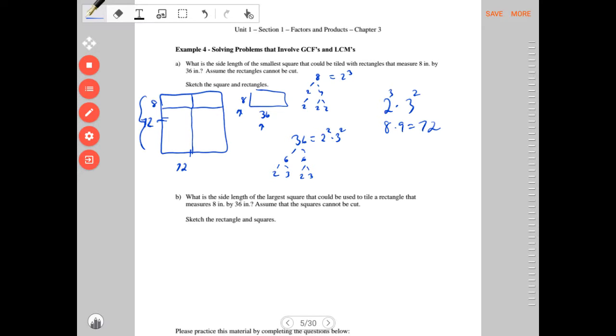So this would be 1, 2, 3, 4, 5, 6. Well, I didn't do that right. 1, 2, 3, 4, 5, 6, 7, 8, 9. There we go. That doesn't look like a square anymore because I've drawn it so horribly. But again, 9 tiles down makes 72 inches, and 2 tiles across makes 72 inches. So we're good to go.